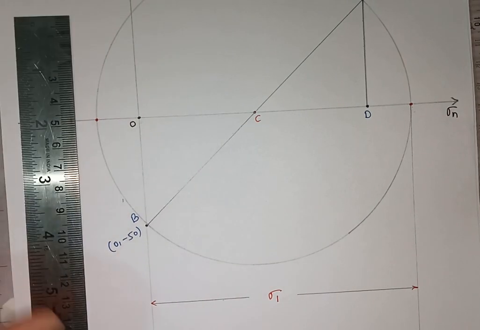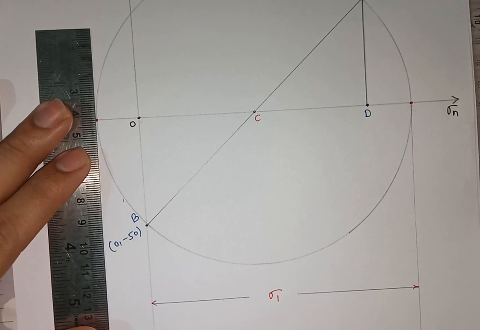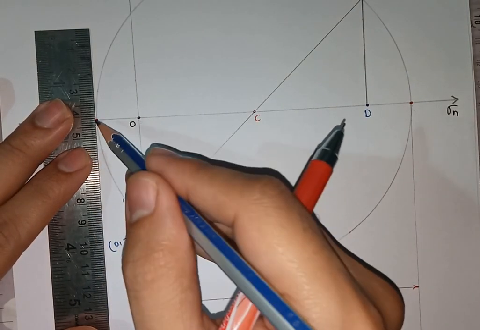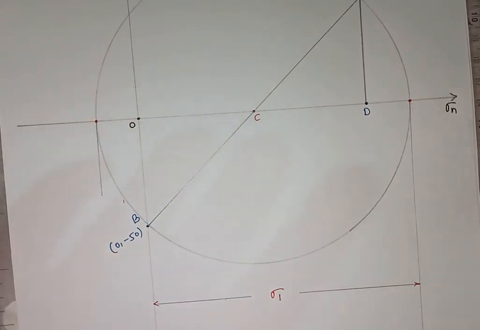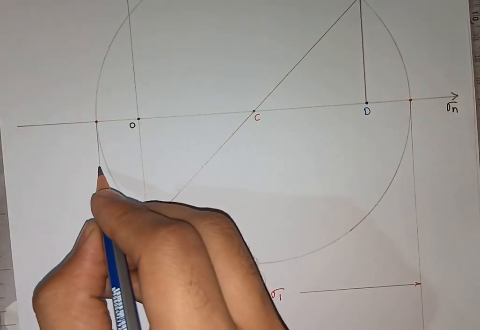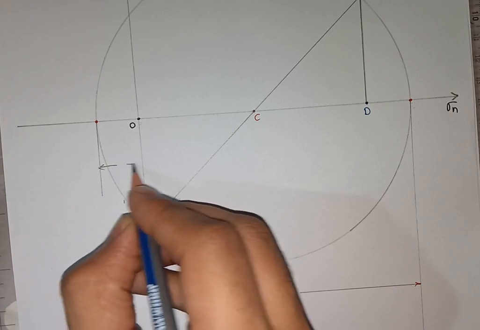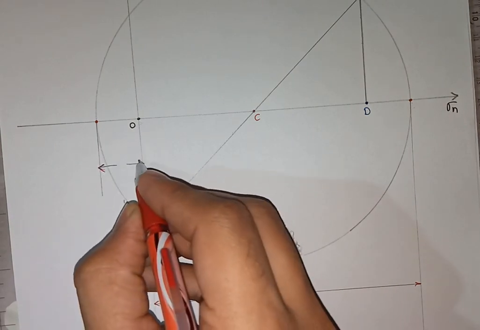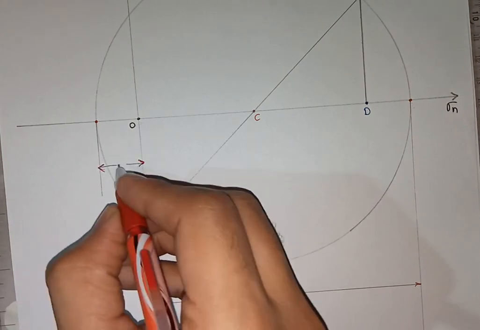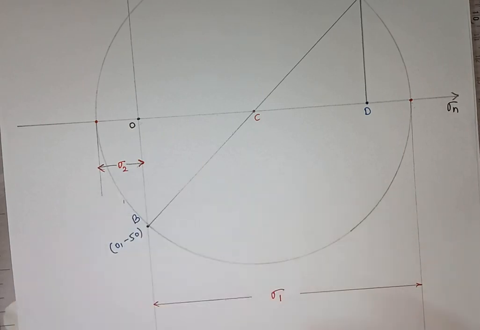Right? Similarly, I will just drop a perpendicular here. Right? And if I just mark the stresses over here, right, so this is sigma 2.